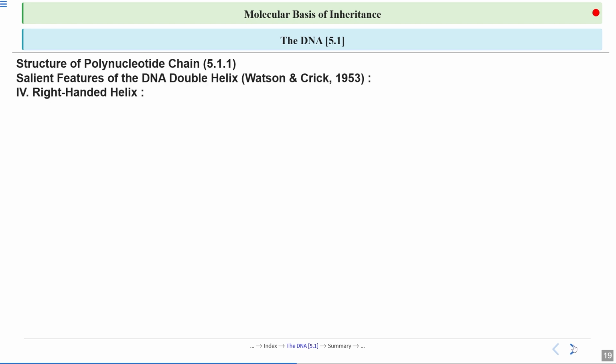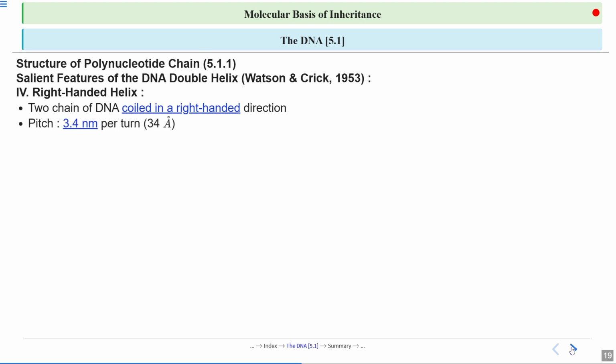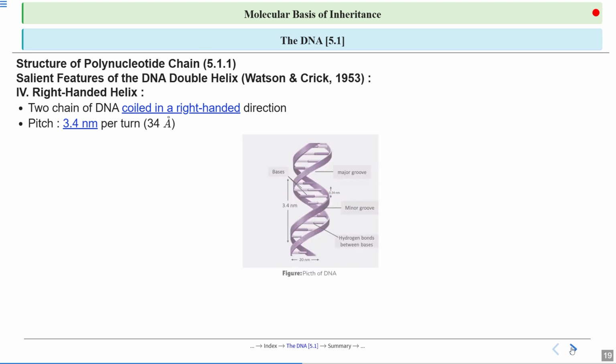Now the next feature is that they are a right-handed helix. The 2 chains of DNA are coiled in a right-handed direction. Pitch is 3.4 nanometer per turn, which is also 34 angstrom. Now you need to understand what a pitch is. Pitch is the distance along the helix axis for one complete turn of the DNA helix.